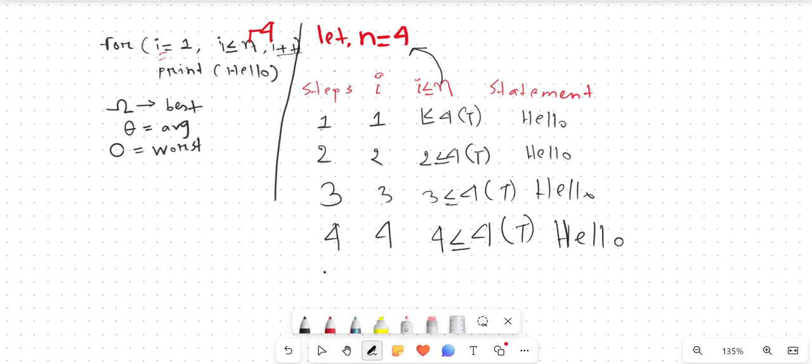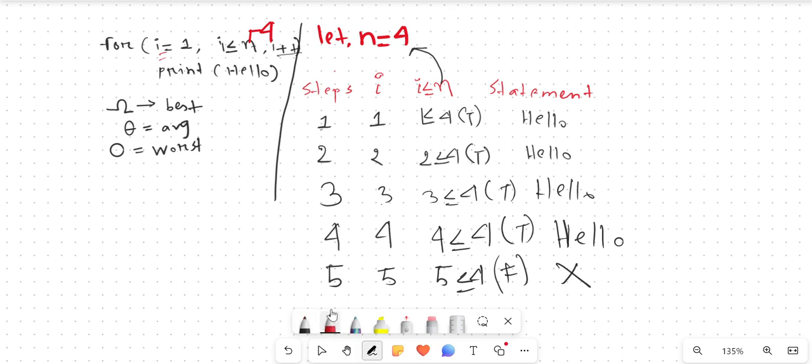And the last step: when my I is incremented from 4 to 5, my condition is checked. Is 5 less than or equal to 4? No, it's false. That means my statement is not going to be printed.